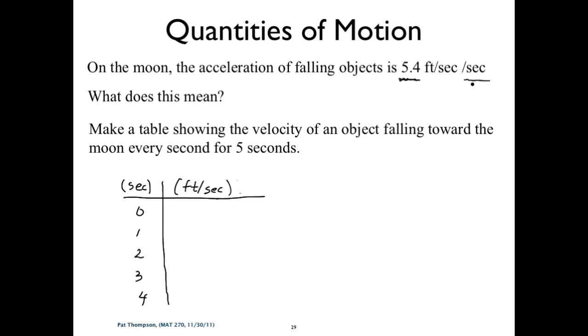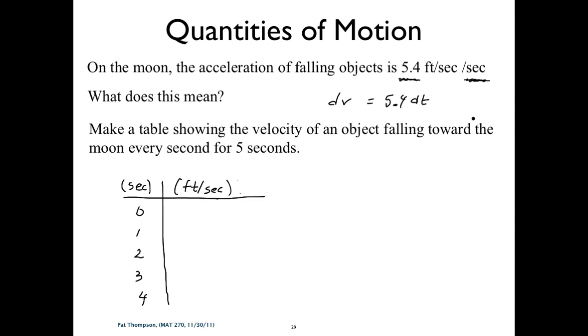Yeah, good. So now for any change in seconds, not just 1 second, the change in velocity is 5.4 times that change in seconds. That's our broadest, fullest meaning for rate of change.